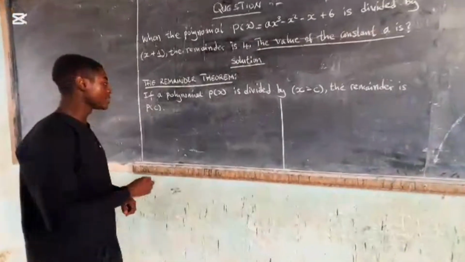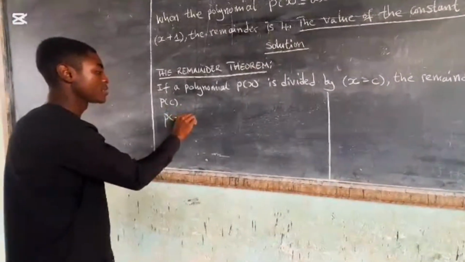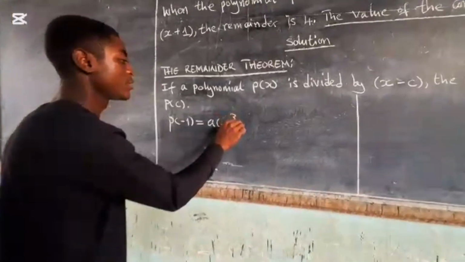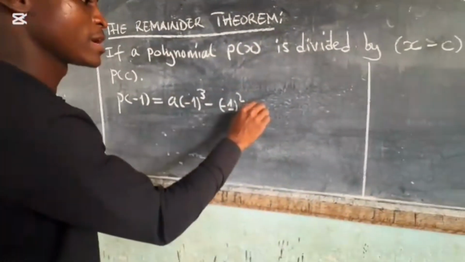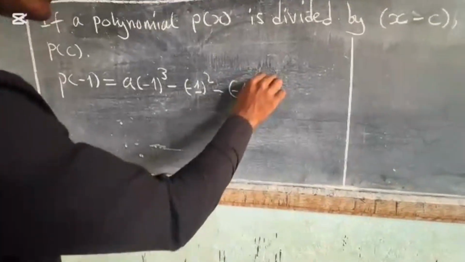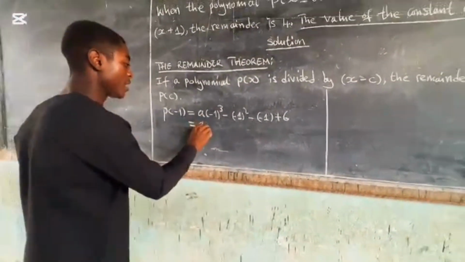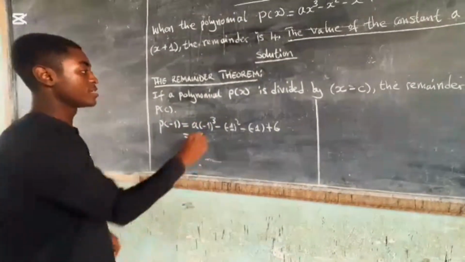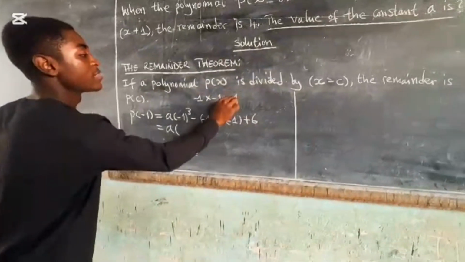Evaluating, we have that p of negative 1 equals a times negative 1 cubed minus negative 1 squared minus negative 1 plus 6. Negative 1 cubed is negative 1 times negative 1 times negative 1.